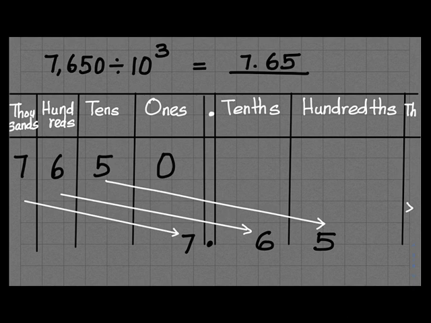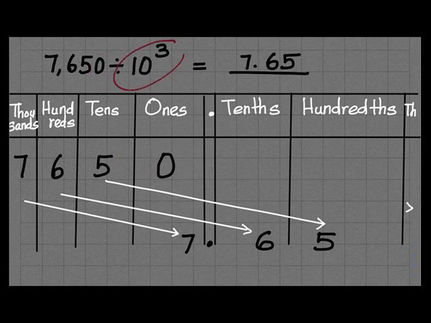The first step is let us write the number in the place value chart. 7 is in the thousands place, 6 is in the hundreds place, 5 is in the tens place, and 0 is in the ones place.